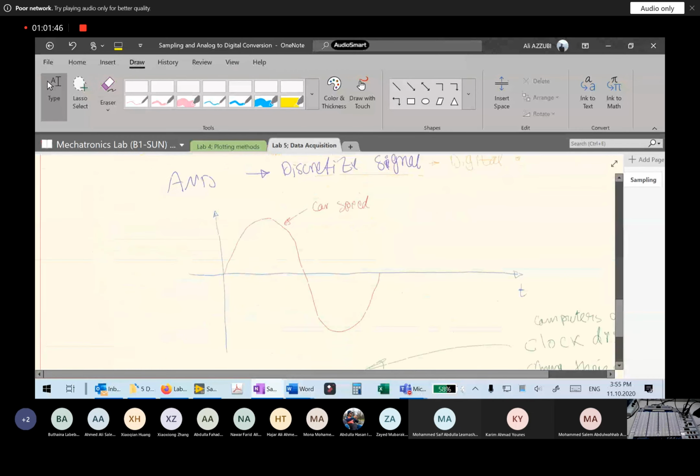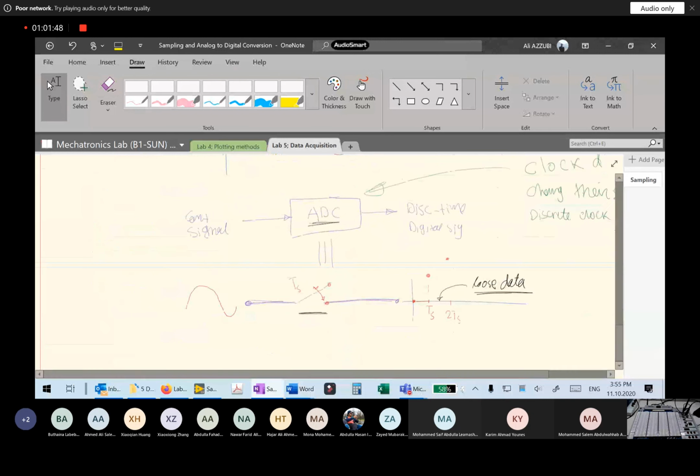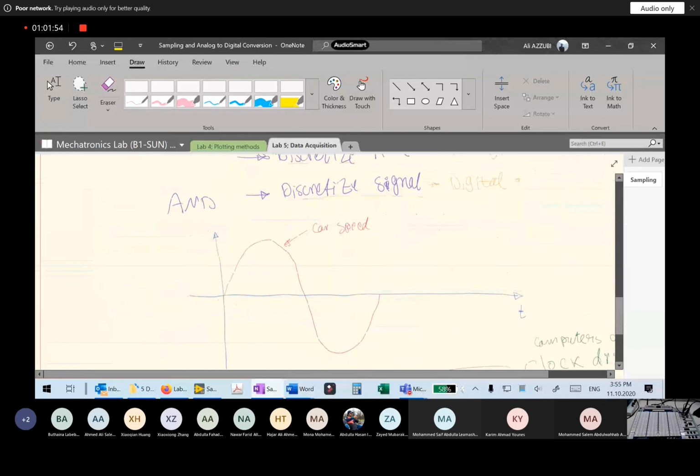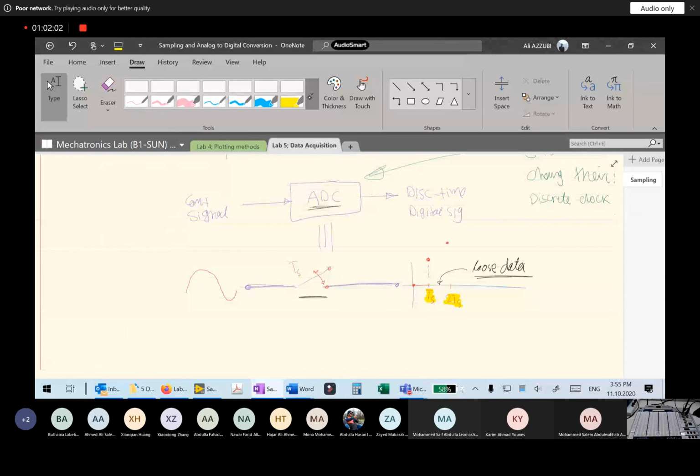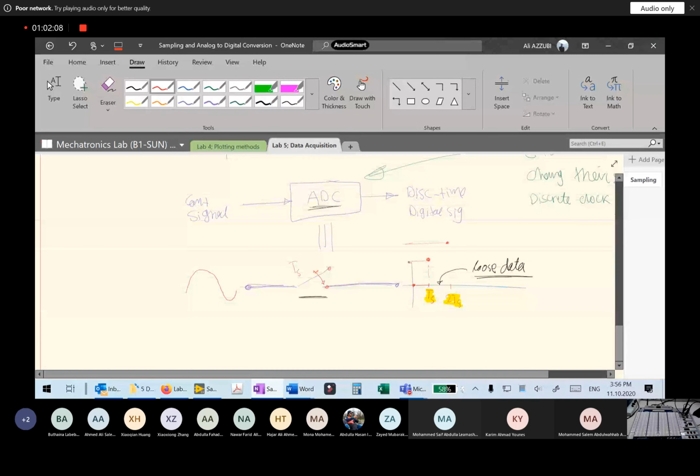Because only at discrete points of time will I have my signal. This is why it is discrete time. And why digital? Simply because it will do something we call digitization. Now these values here will be approximated to some set of values only.